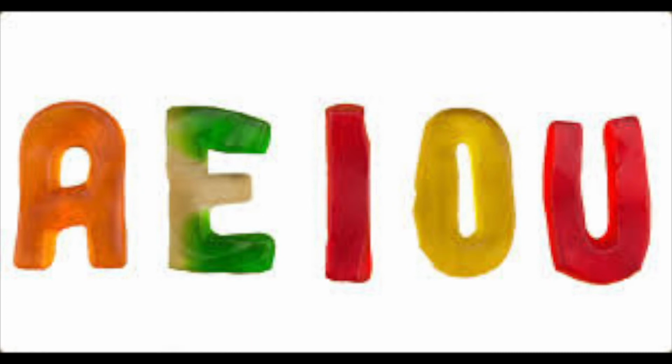We are 5 letters, but 20 phonemes. We are monophthong sometimes, diphthong sometimes. Listen, listen, listen to us, the diphthongs. A: cake, bake, shake. I: kite, might, height.